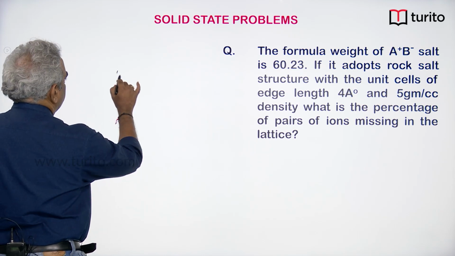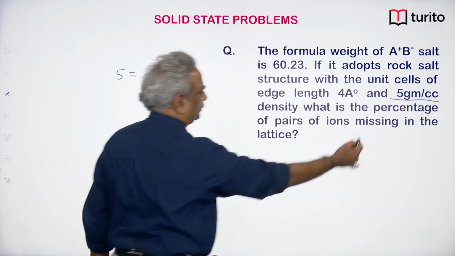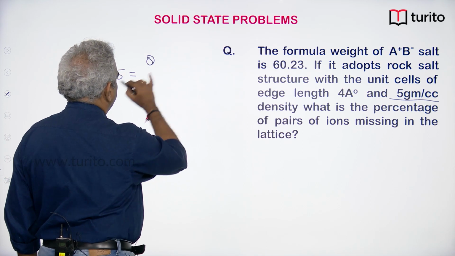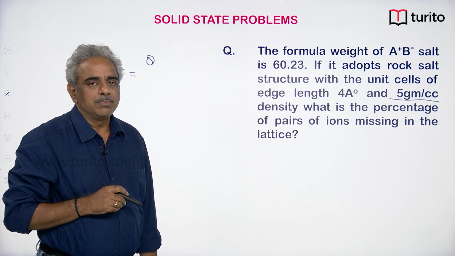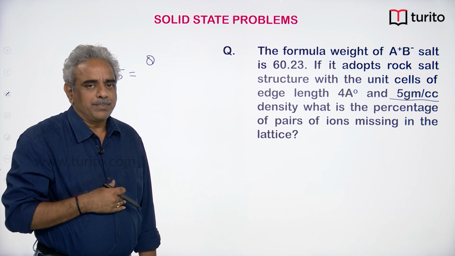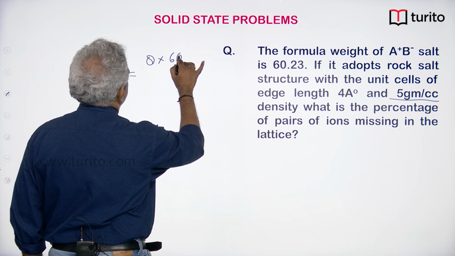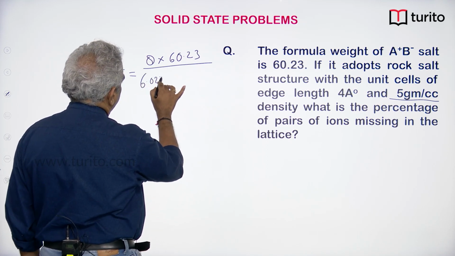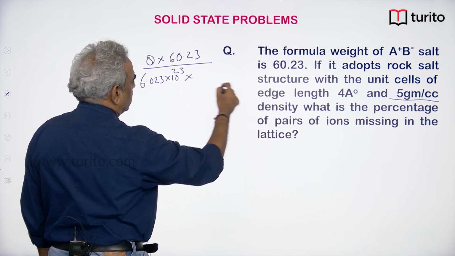So, I will take 5 grams per cc density, what he gave. I do not know how many atoms are there for unit cell, I will keep it theta. Theta is effective number of atoms, I mean ion pairs present per unit cell. 60.23 by 6.023 into 10 power 23 into edge length is 4.